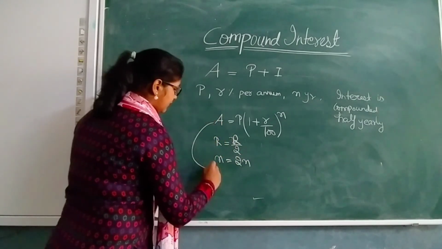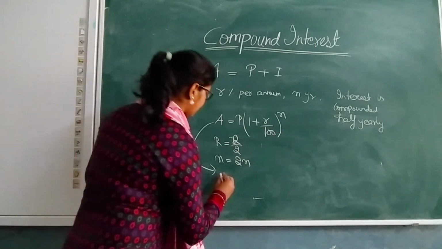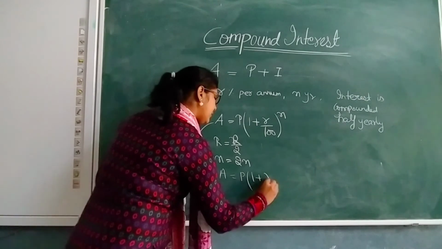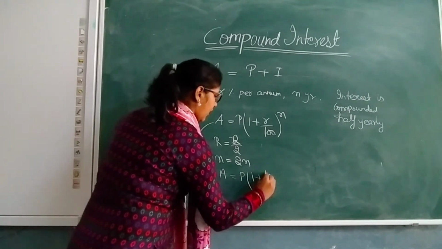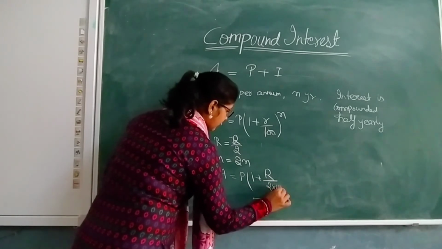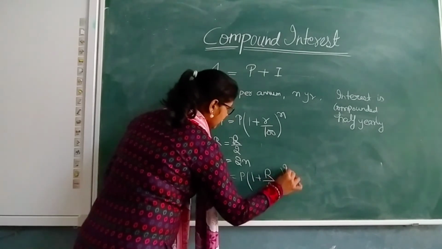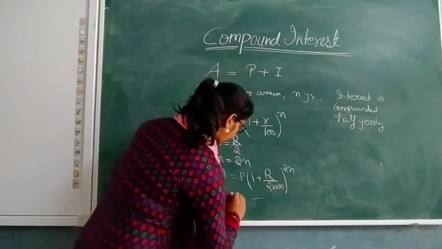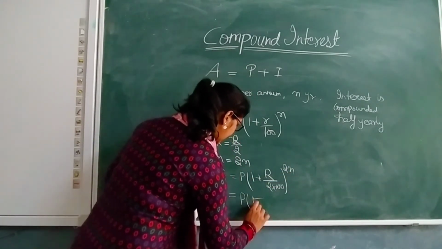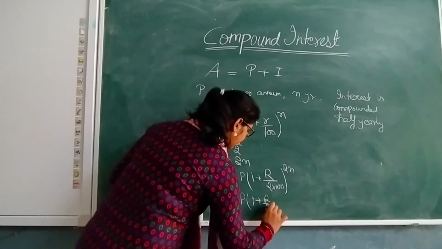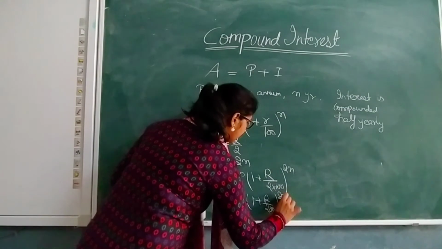So we can write the formula for half yearly as A equal to P into 1 plus R by 2 by 100, where 2 is multiplied to the 100, and the power instead of n is 2n. So for amount we have the formula P into 1 plus R by 200 to the power 2n.